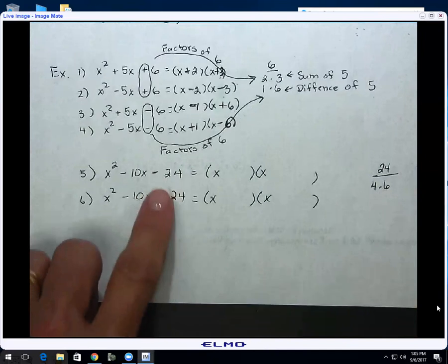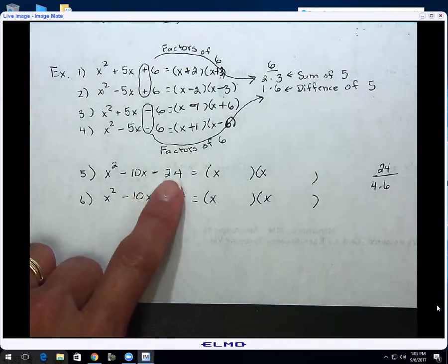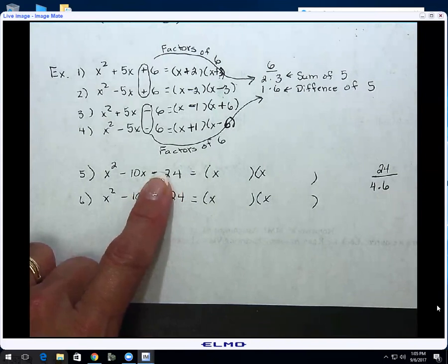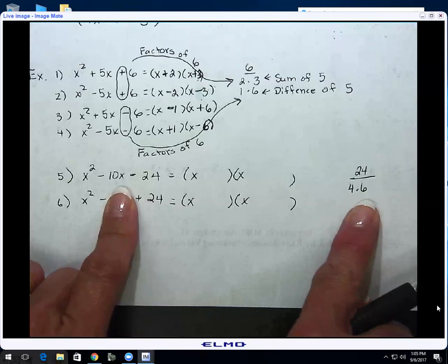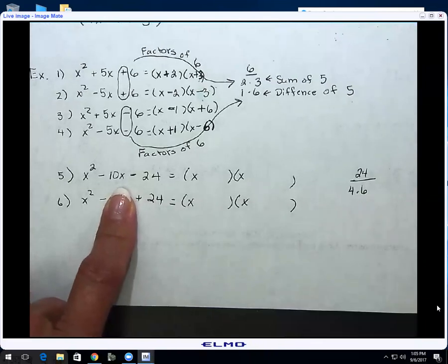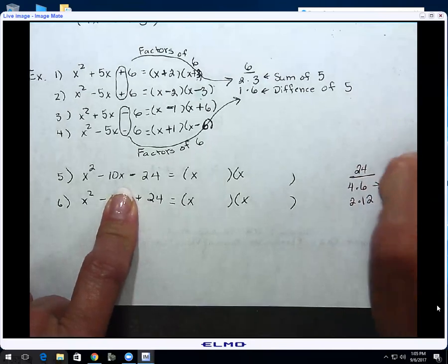Is that what I need on number 5? On number 5, I should be saying I need factors of 24 that have a difference of 10. 4 and 6 don't have a difference of 10. 2 and 12 do. These have a sum of 10.